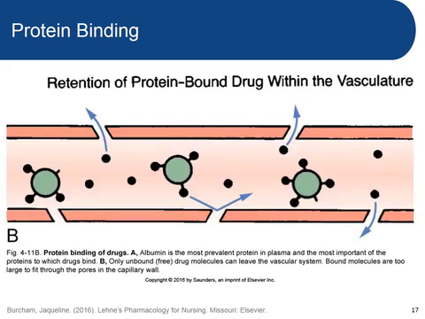And looking at a blood vessel, with protein-bound drugs within the vasculature trying to get out, you can see that those big green circles with the little black dots attached to them are not going to get through those small channels. Only that free drug is going to get through the small channels.